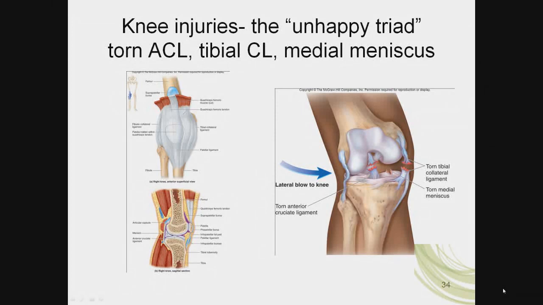The force that tears the tibial collateral ligament and the medial meniscus is thus transferred to the ACL. Because the ACL is relatively weak, it tears as well. By the way, it's not just football players, but soccer players are very commonly illegally clipped. We call this an illegal slide tackle, and they oftentimes have the unhappy triad as well.